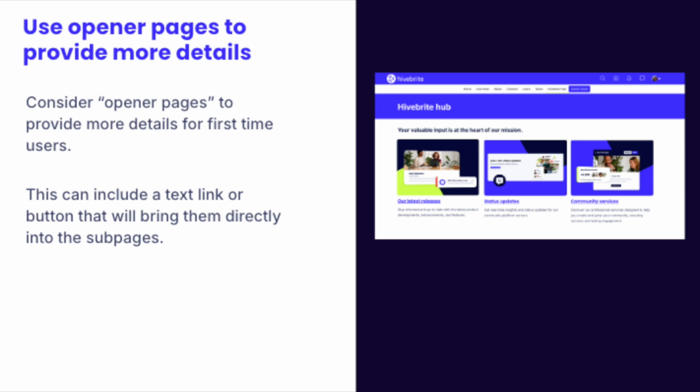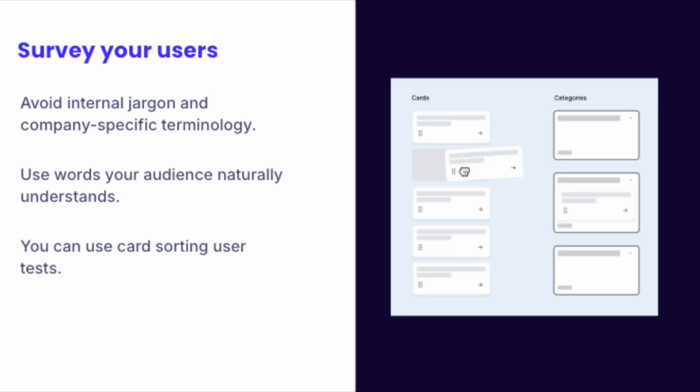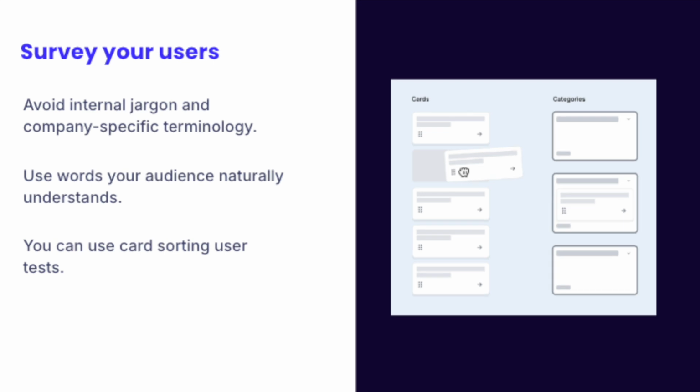Exactly, and that ties in great with the next tip. Sometimes we're really centered on our internal jargon, our company-specific terminology. As we try to put ourselves into the end user's shoes, we also need to survey our users and make sure that they understand the way that we group things and name things, just as we do internally.